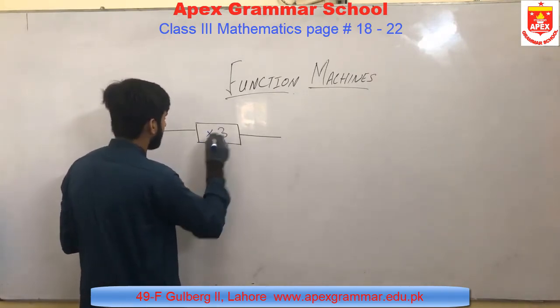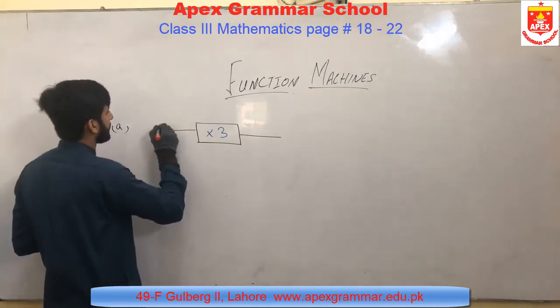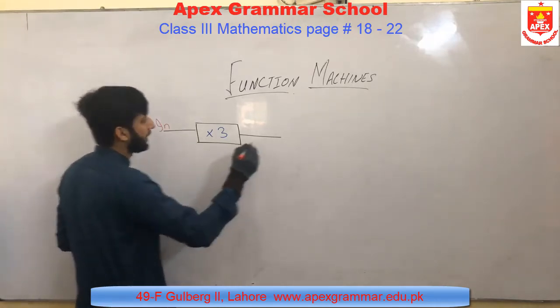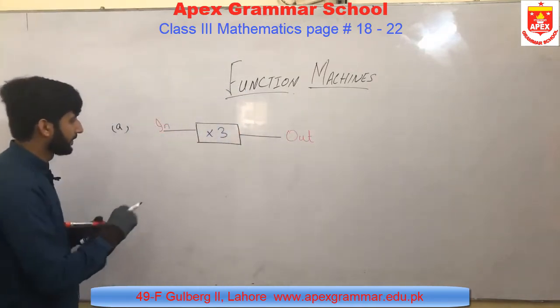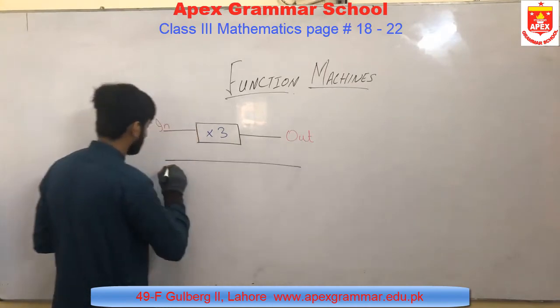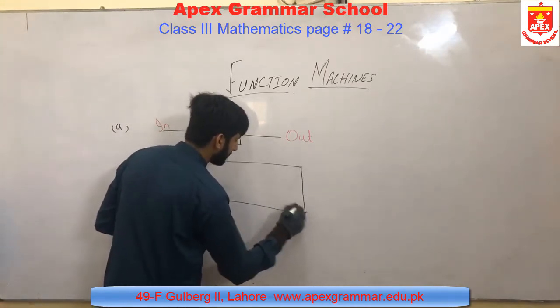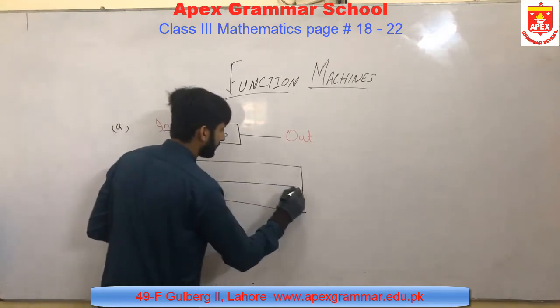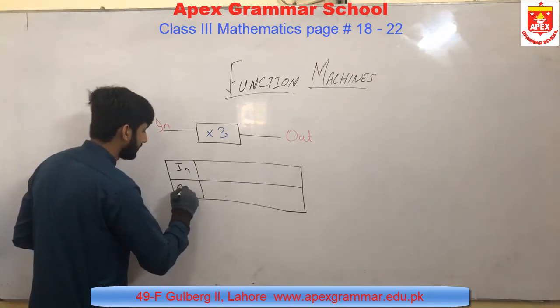multiply by 3. This one is your inside and this one is your outside. The table is given to you. In, out.